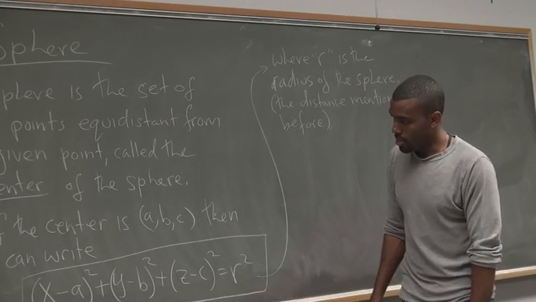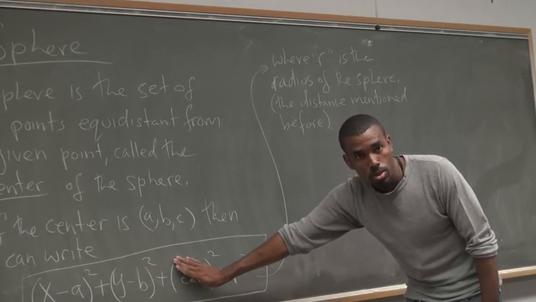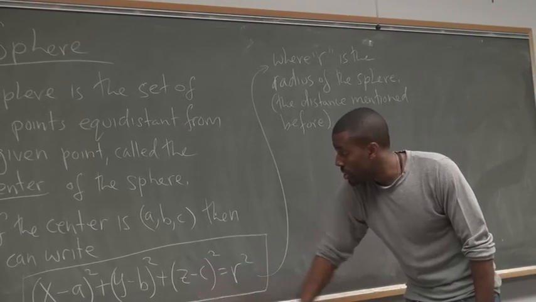And it should remind you of an equation that we have in 2D if you took out the z. What does that look like? It's just a circle.